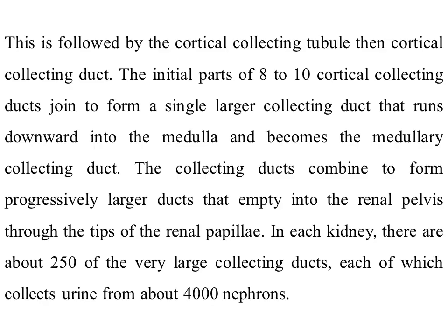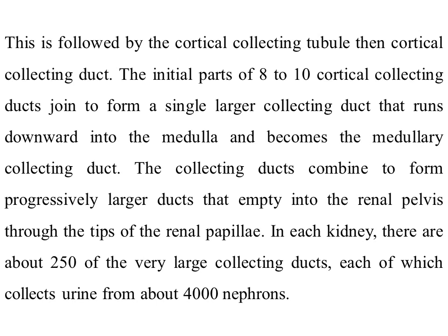Okay, so after the distal tubule, the distal tubule is followed مثل ما قلنا قبل شوية by the cortical collecting tubule, which then will become cortical collecting duct. The initial part of 8 to 10 cortical collecting ducts will join together to form a single larger collecting duct that runs downward into the medulla and becomes the medullary collecting duct.